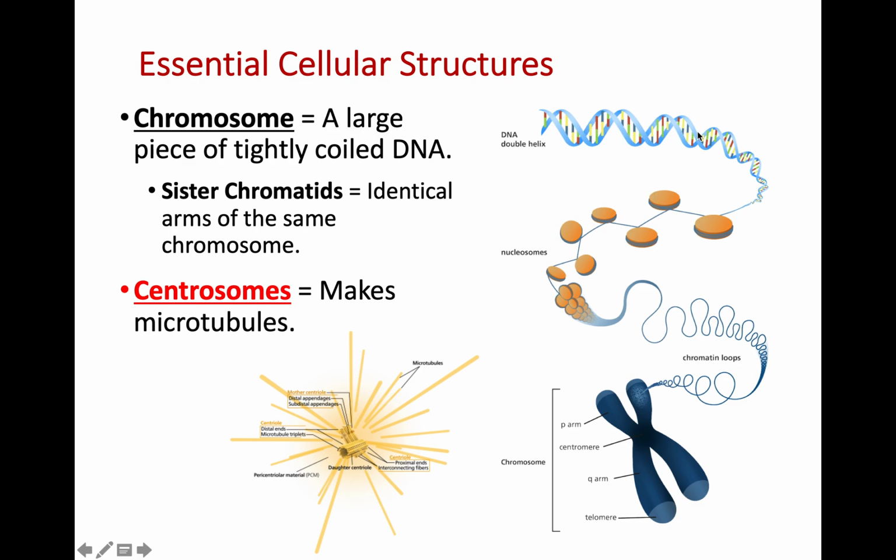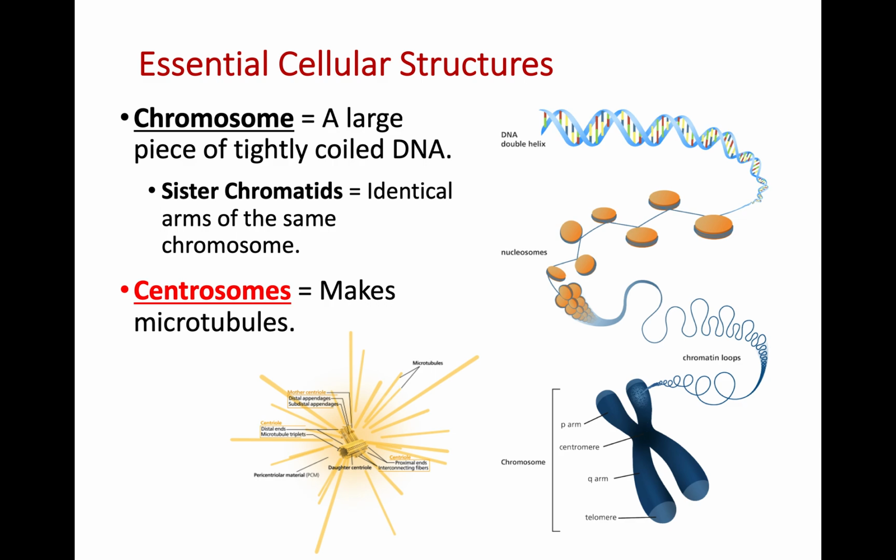So we take the DNA, we wrap it around the histones, and then the histones are coiled around themselves, and there's a special name as we keep wrapping and wrapping. As we keep wrapping and supercoiling the DNA, eventually we end up with a big piece of DNA that's large enough for us to see with a regular visible light microscope.